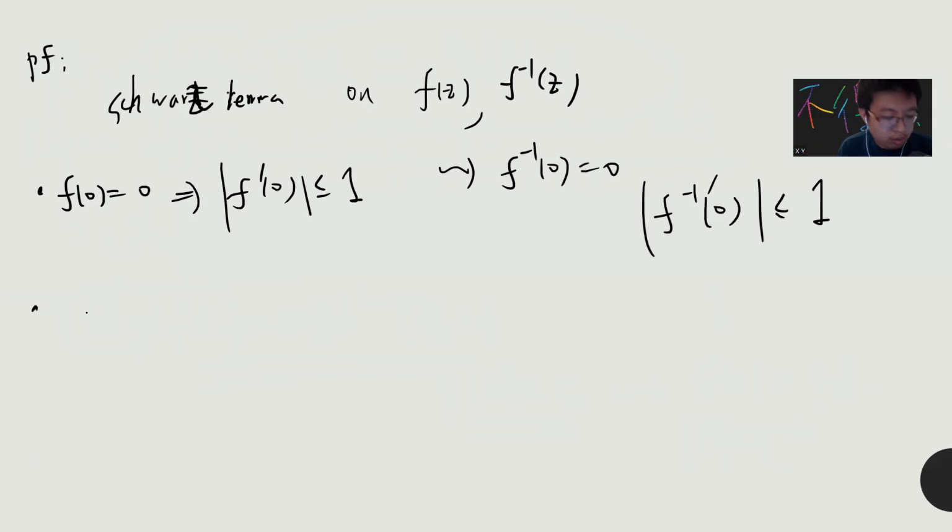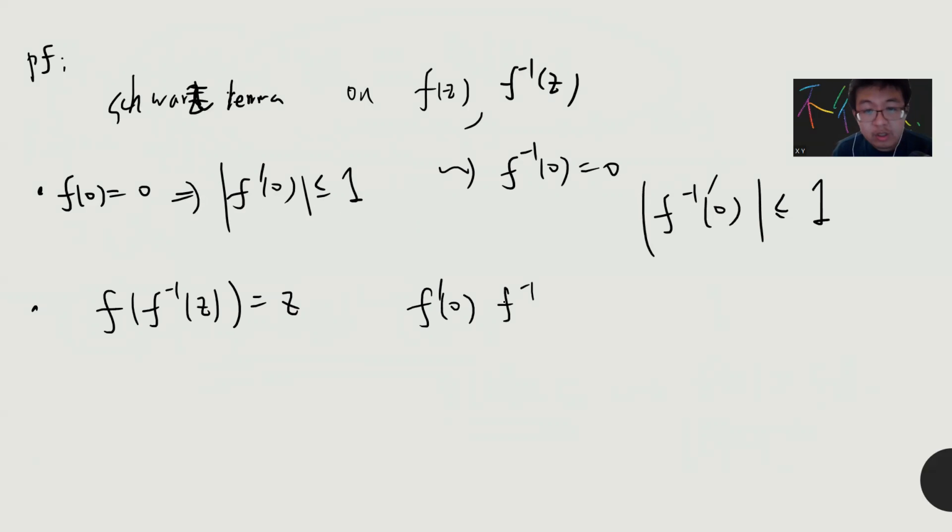And second, we have f inverse of f of z equals z. So we differentiate, and we get, by the chain rule, f prime of 0 times f inverse prime of 0 equals 1. So from here we know that these two numbers multiplied should be 1.